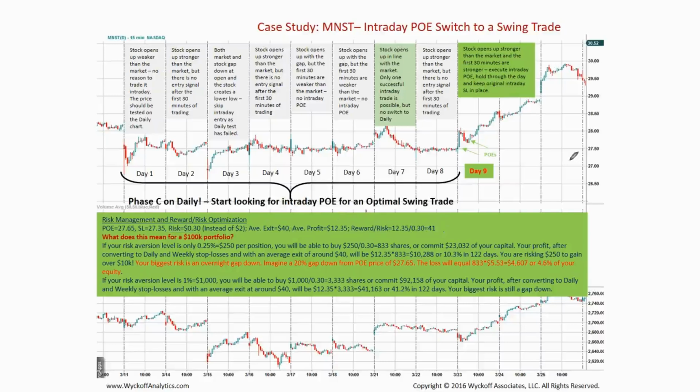Now let's put this into the perspective of a $100,000 portfolio. So let's say that if my risk aversion is really low and I'm only risking 0.25% per position, that means that I can only risk $250 per position. And usually retail traders are not like that.